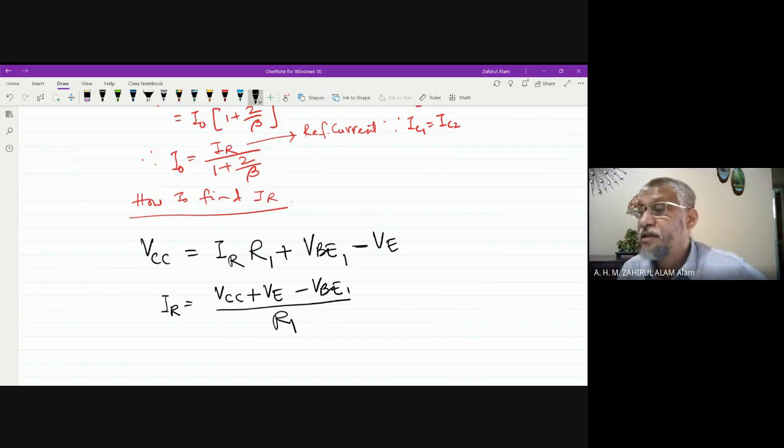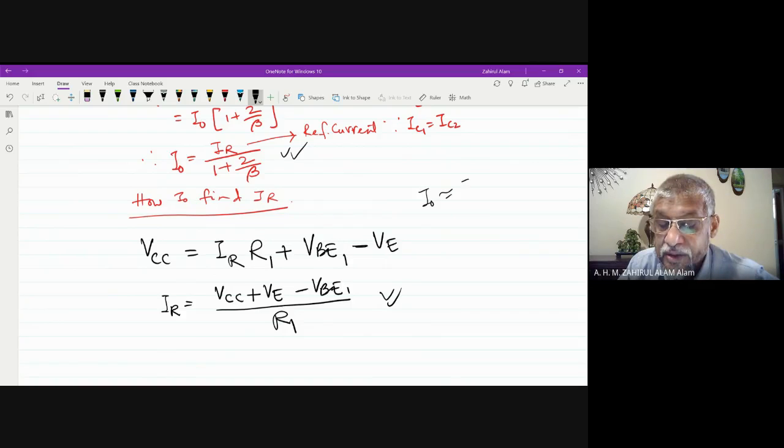So now these are all the design criteria. So this is one equation and this is the second equation. Now if you look at, because our target is to design a current source, we usually prefer to design a current mirror. That means I naught equal to IR. But this equation is not equal to this.